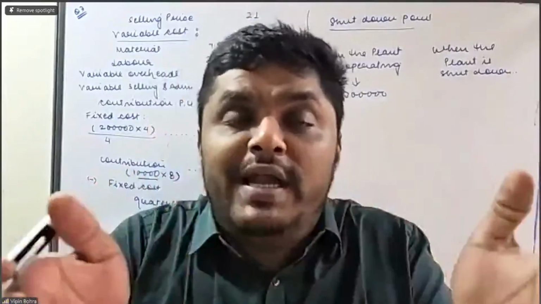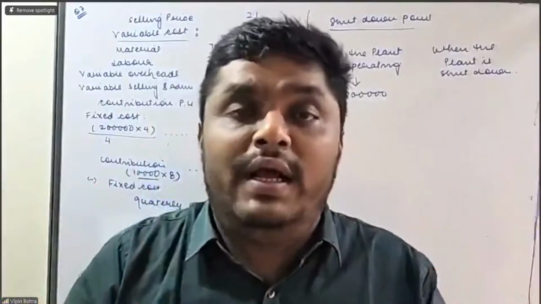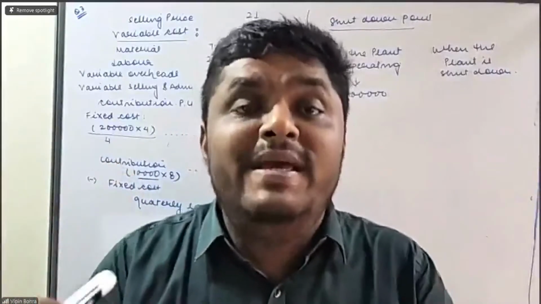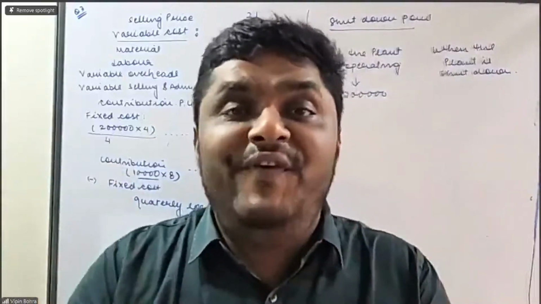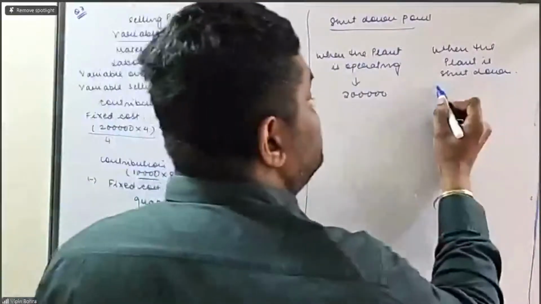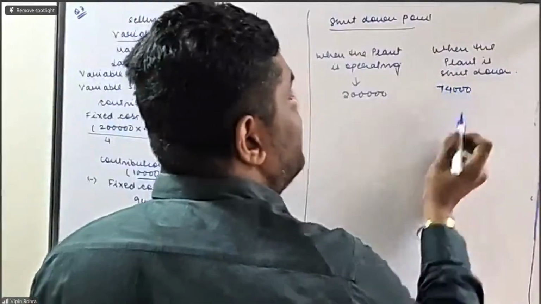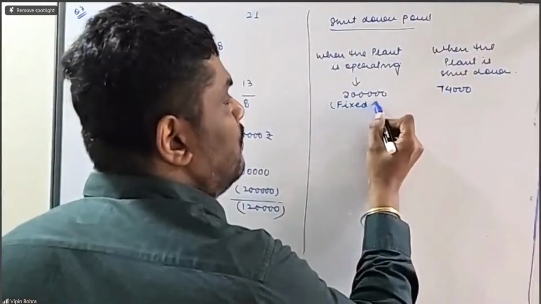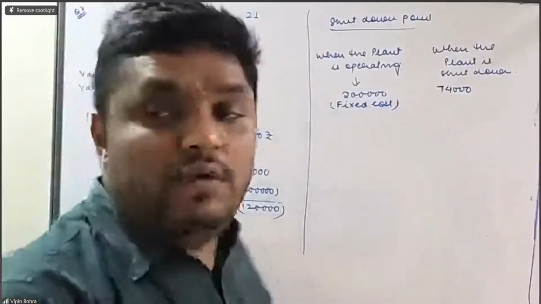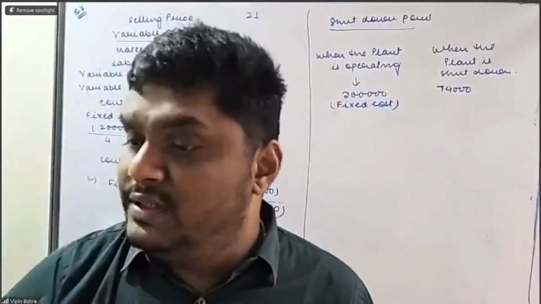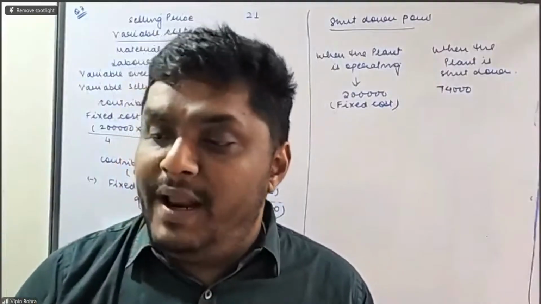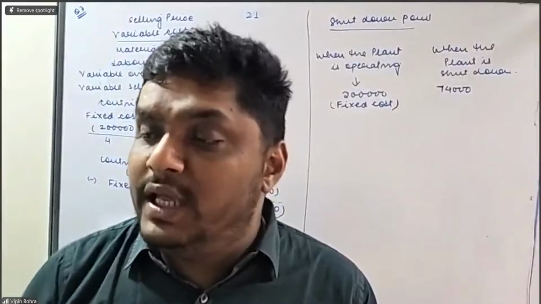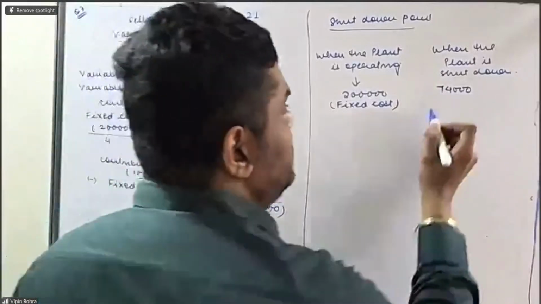So if you shut down the plant during a particular quarter, there will be a saving in fixed cost, and the fixed cost can be reduced to how much? 74,000. It is given in the question. The management plans to shut down the plant, estimating that the fixed manufacturing cost can be reduced to 74,000.